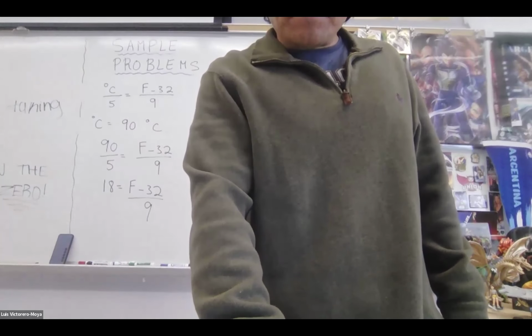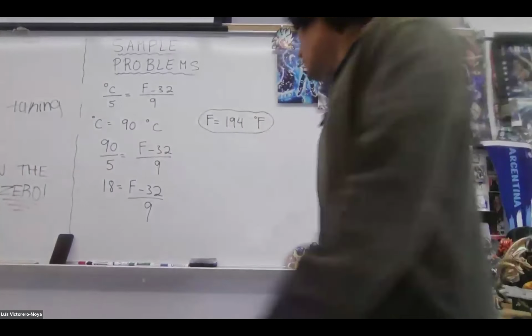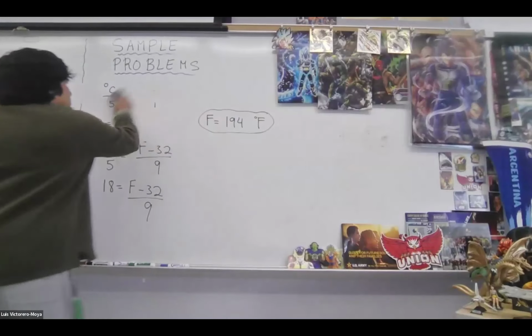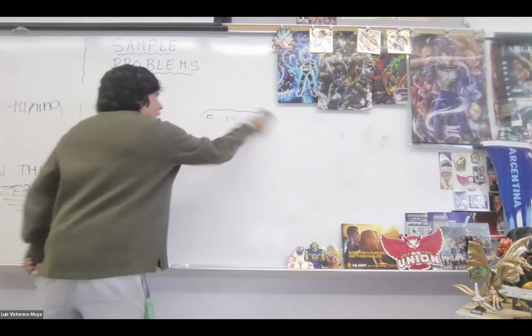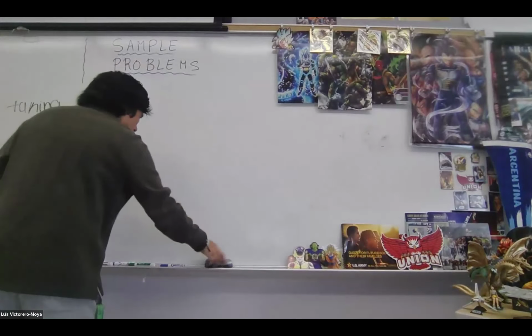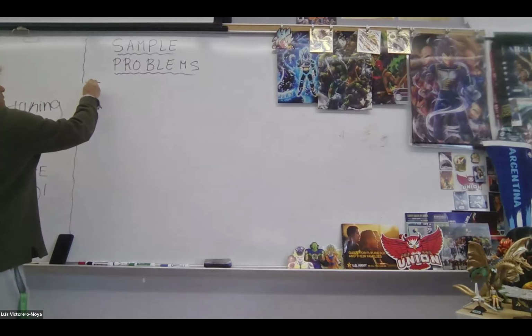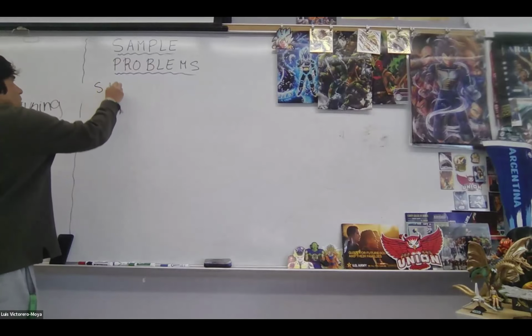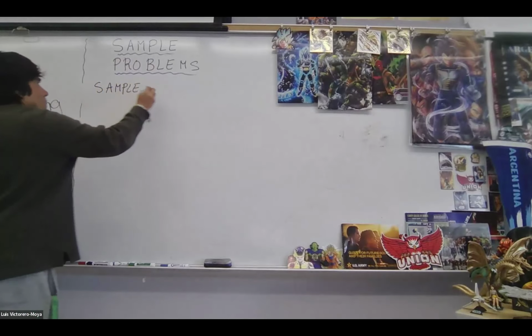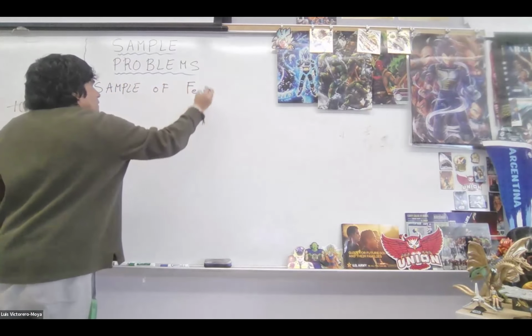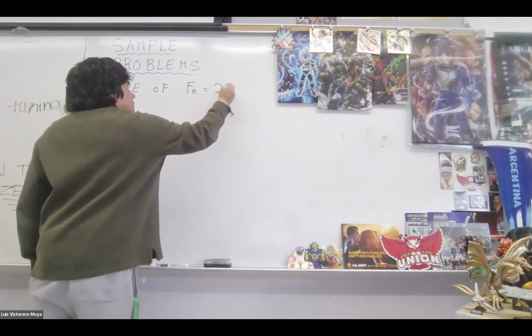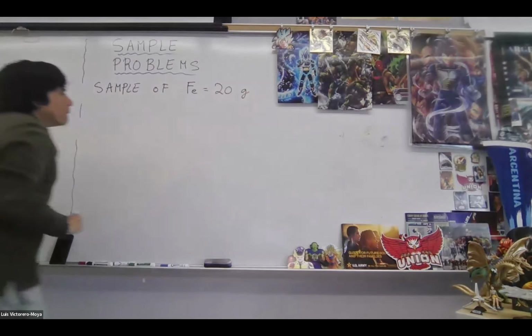So let's find the number of moles of 20 grams of iron. Let's say you're given a sample of iron equal to 20 grams.